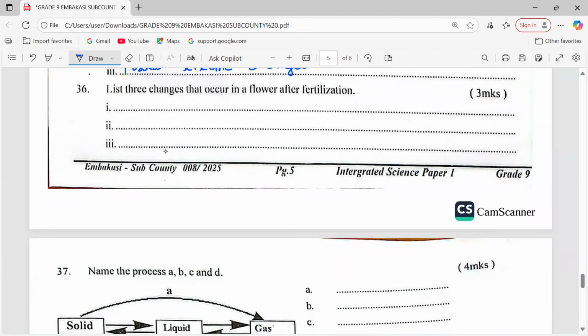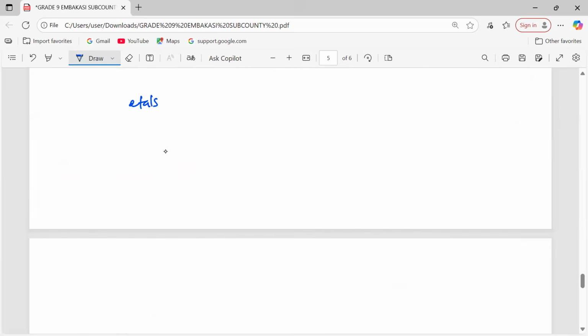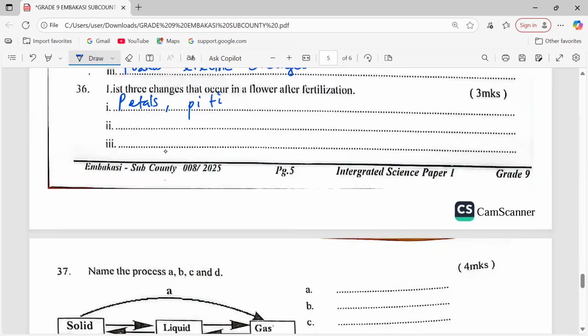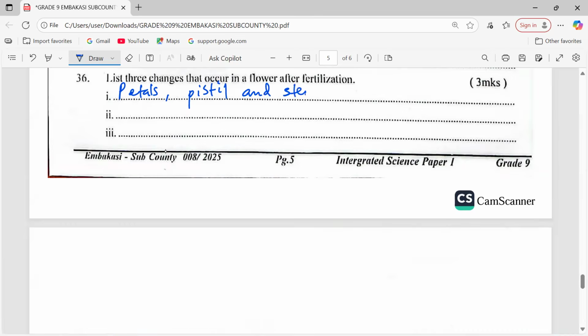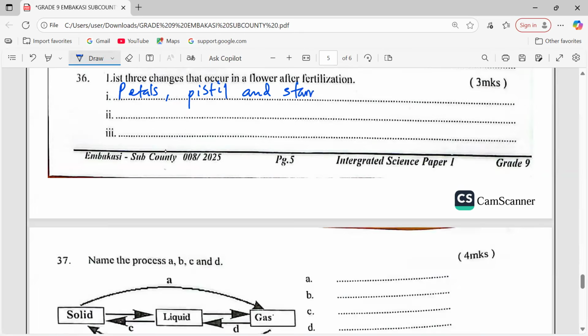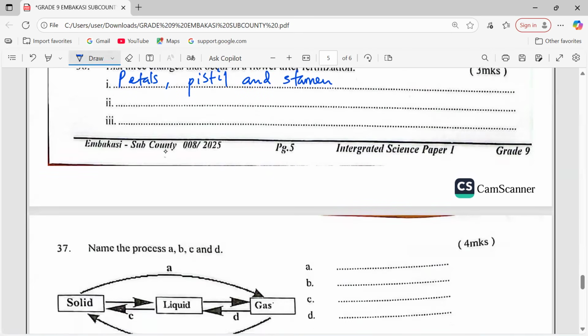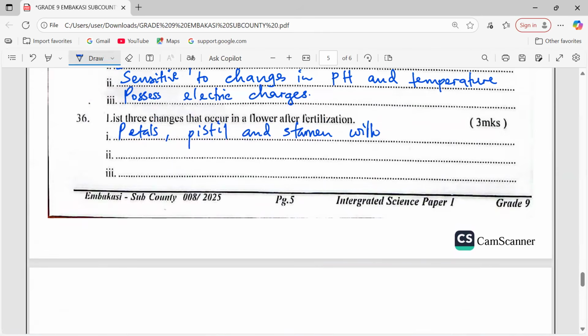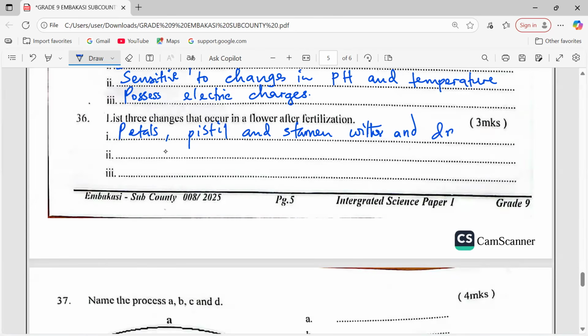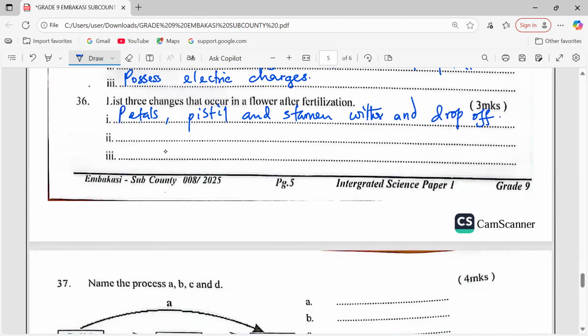One is that some parts like petals, the pistil, and stamen wither and drop off, fall down. That is the petals, the pistil, and the stamen wither after fertilization.